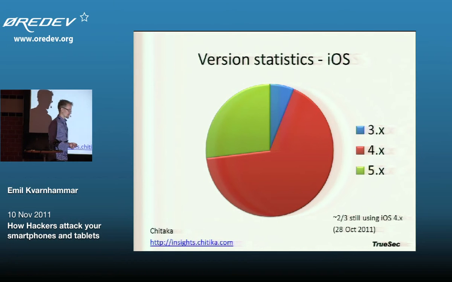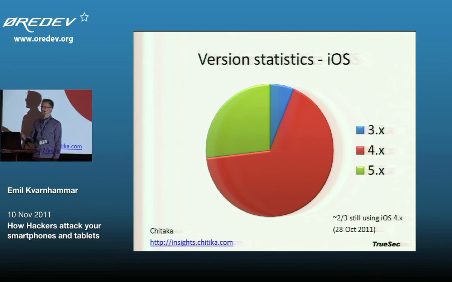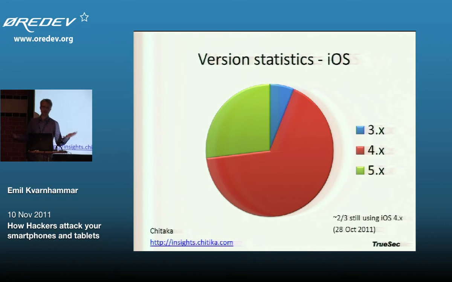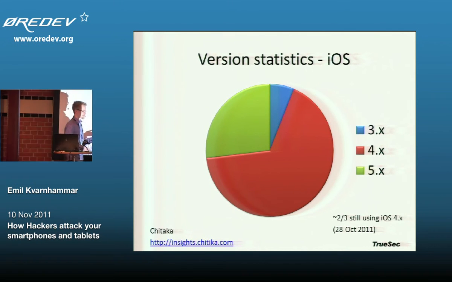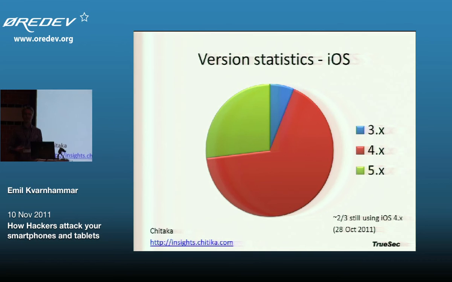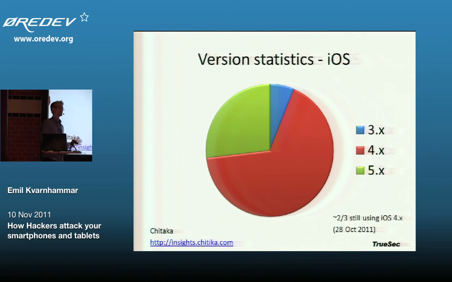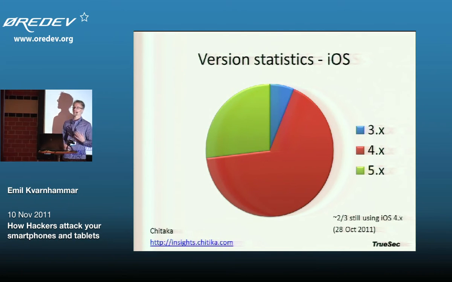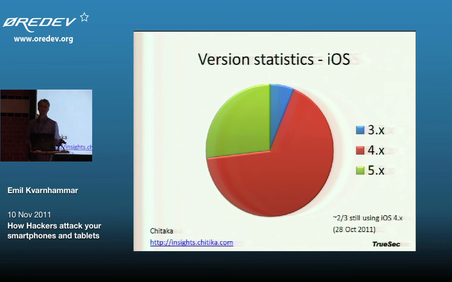And we have a customer that has a mobile device management system, and they did measurements or reports on the version statistics of their iOS devices within their organization. And about half of the devices did have 4.3.3 and earlier. So again, it doesn't necessarily mean that everyone updates.